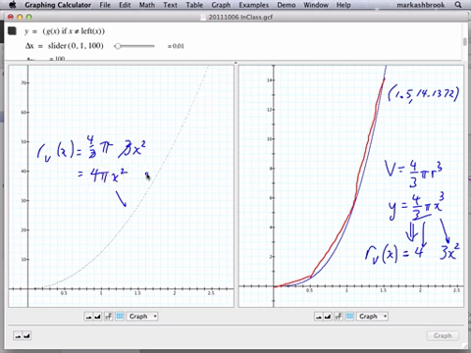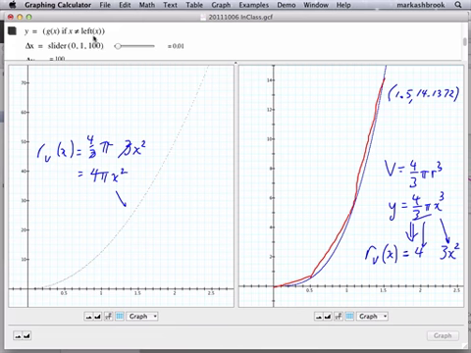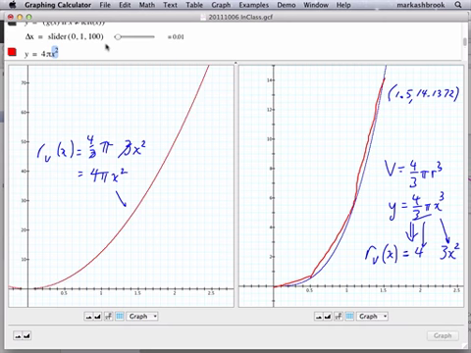So if I were to come up here and graph 4 pi x squared, see that? It fits right on top of it. So that's where that step function is converging to as delta x gets very, very small for this rate function.